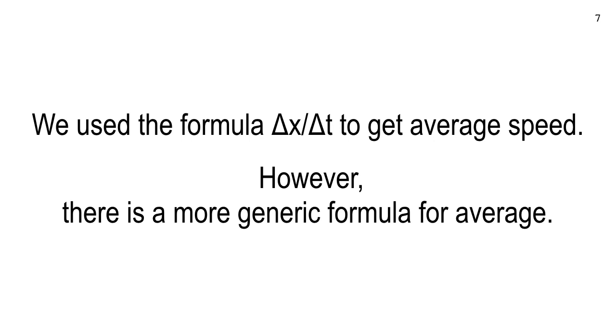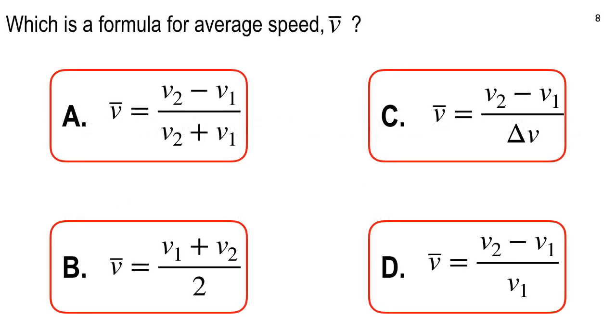There's a more generic formula for average that you can use for the average of anything, however. Let's see if you can spot it from this list. A, B, C, or D. Which one's the generic average formula?